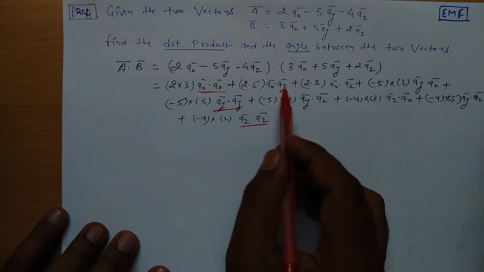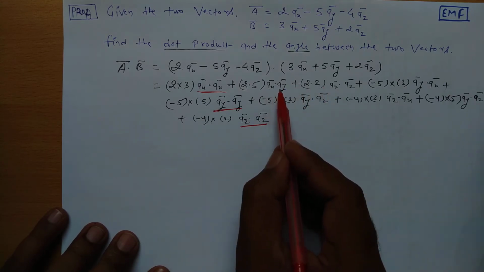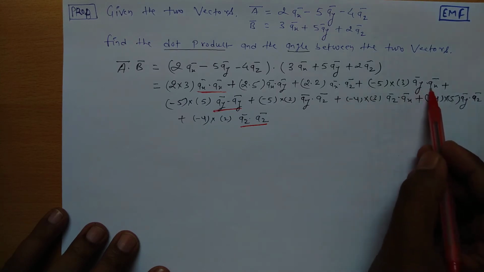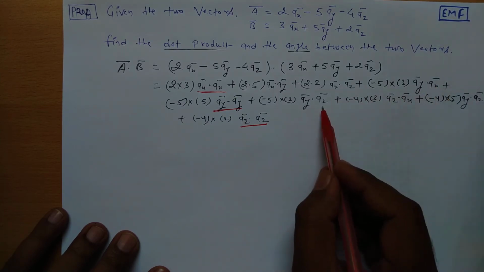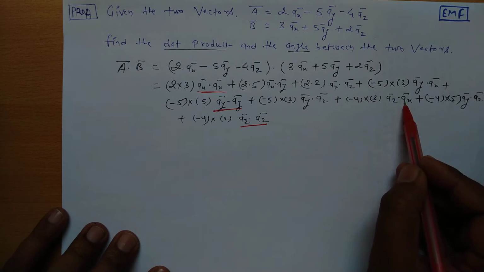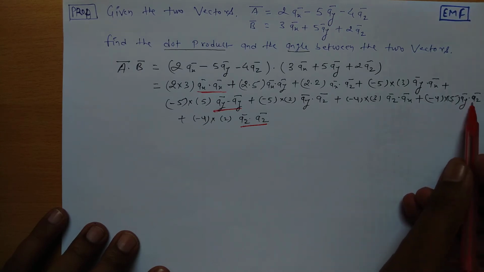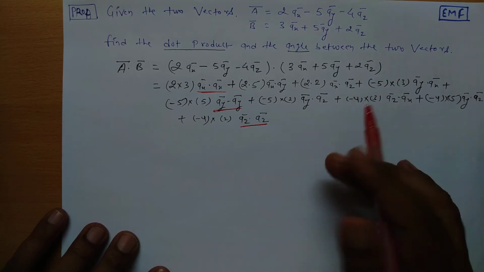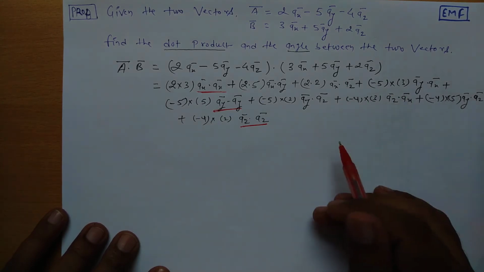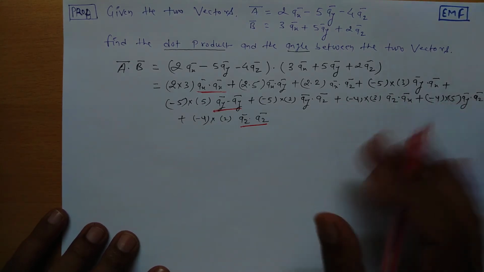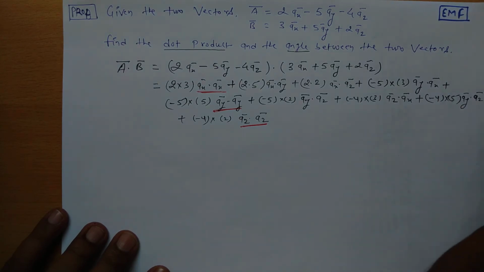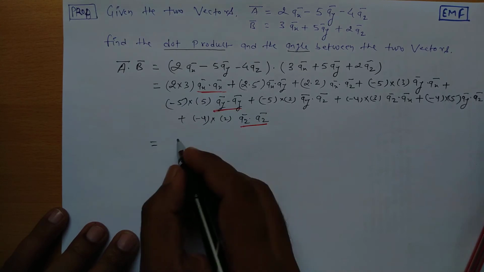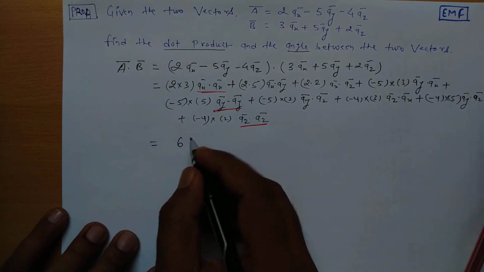Other than these, whatever dot product is there, whether ax dot ay, ax dot az, ay dot ax, ay dot az, az dot ax, or az dot ay, all of these will be equal to 0 as per the properties of the dot product. I have already explained this earlier.